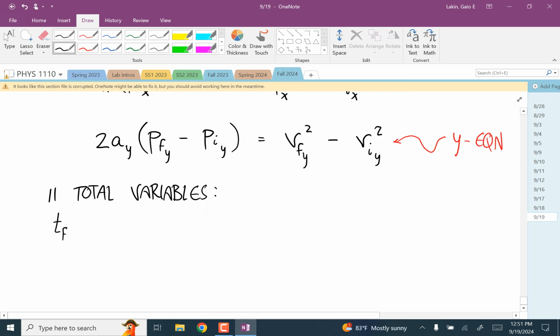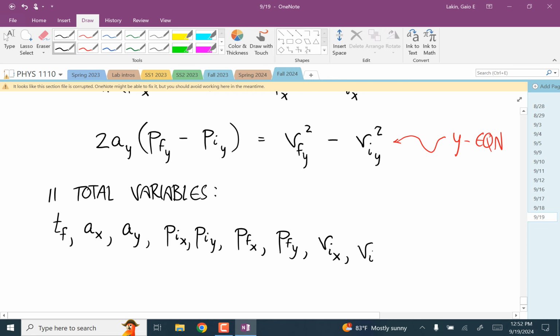Those are time final, X and Y components of acceleration, X and Y components of initial position, X and Y components of final position, X and Y components of the initial velocity, and X and Y components of the final velocity. So that comes out to 11 total.